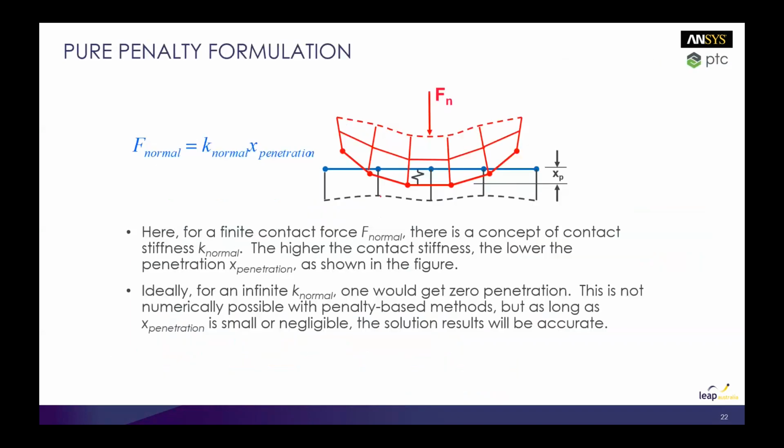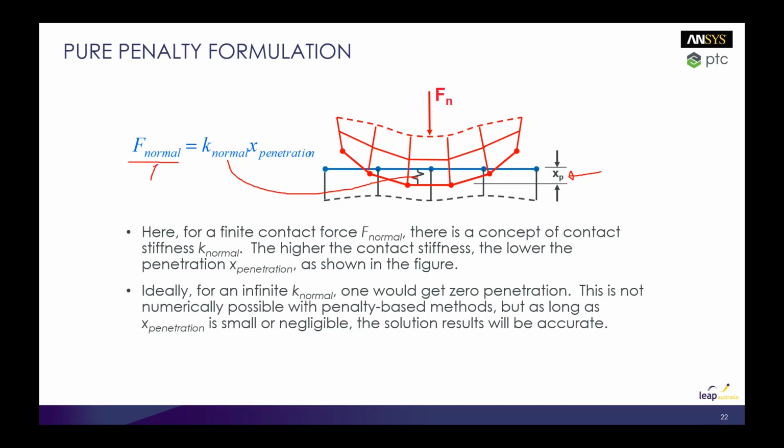Okay, so the first type is what we call the pure penalty formulation. Here this essentially relies on a small amount of penetration, this penetration here. That small amount of penetration is coupled with an artificial spring. The penetration times the contact stiffness gives us this normal force.